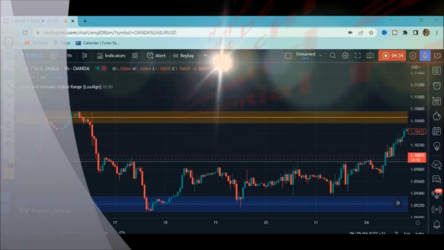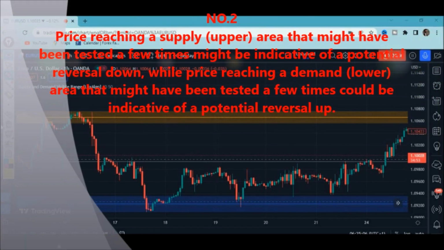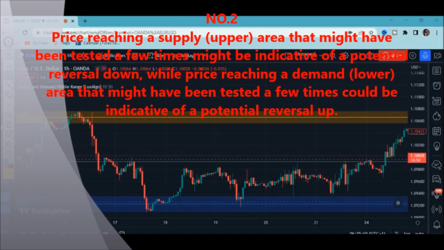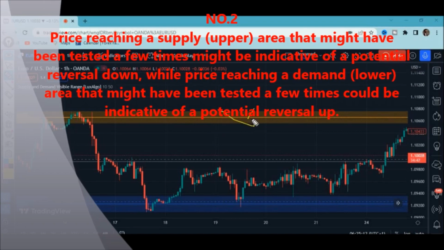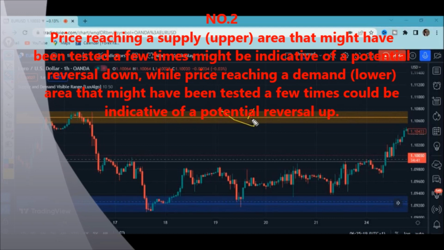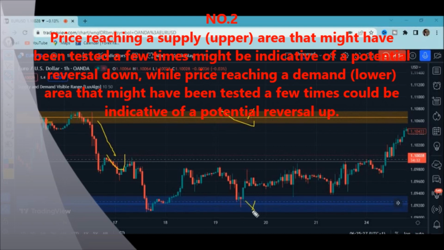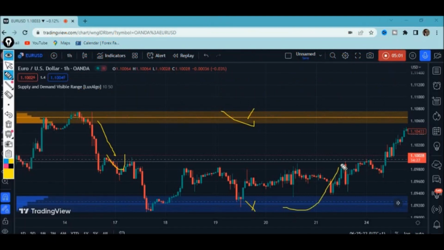The usage of the indicator number two: you're supposed to know that when price reaches a supply zone, which is an upper area at this given point that has been tested several times, it might be indicative of a potential reversal down, while price reaching a demand zone, which is our lower area that might have been tested a few times, could be indicative of a potential reversal up.